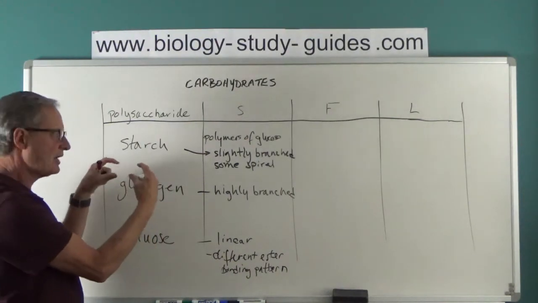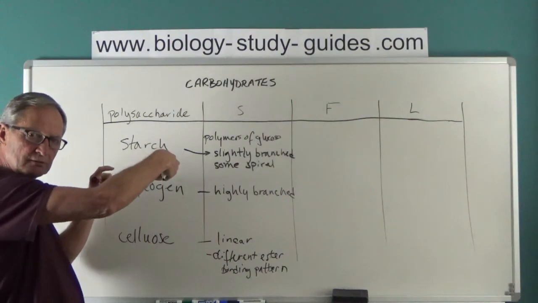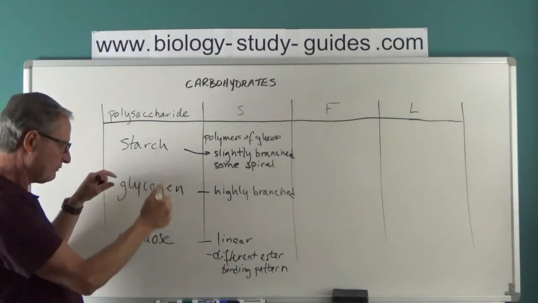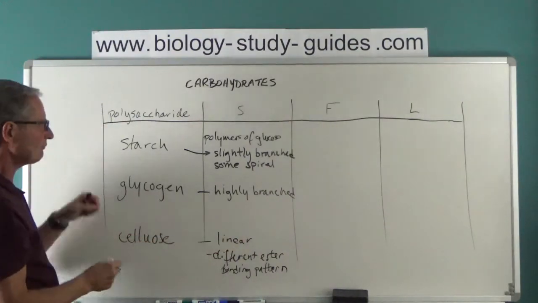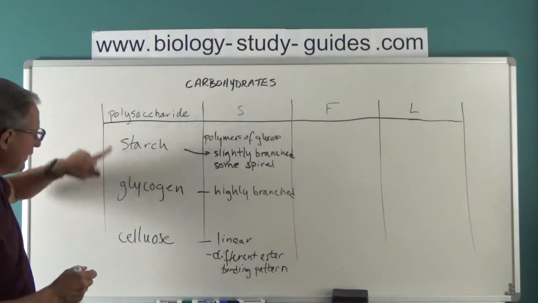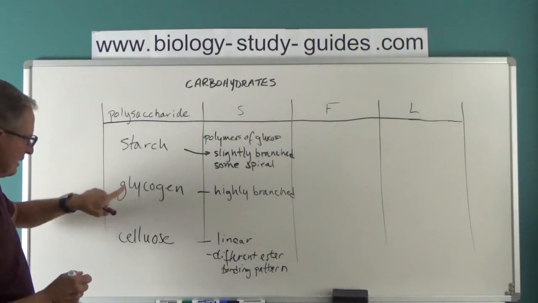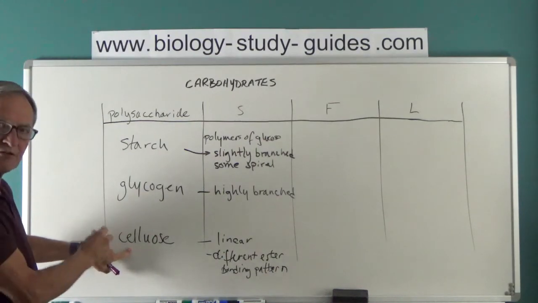Cellulose takes the glucose, and the next glucose molecule is actually inverted compared to the first one. So the bonding pattern is totally different. We can digest starch. We can digest glycogen. We cannot digest cellulose. This is dietary fiber in us.